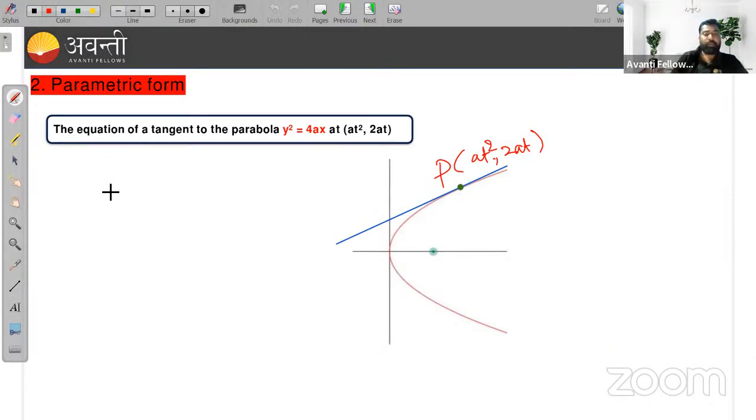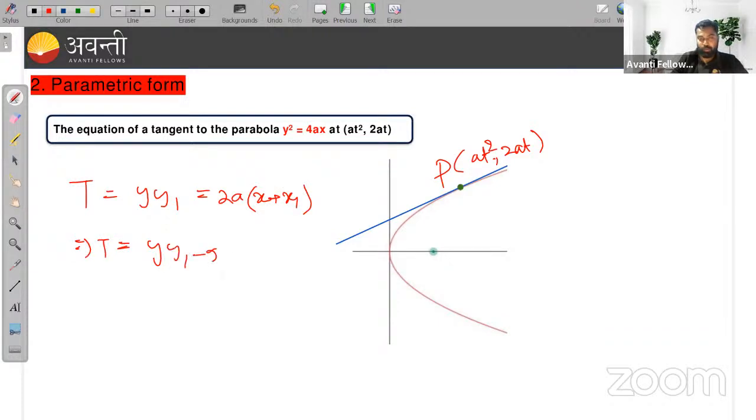Then the equation will be y y1 minus 2a into (x plus x1). So in place of x1, y1 we substitute (at square, 2at).